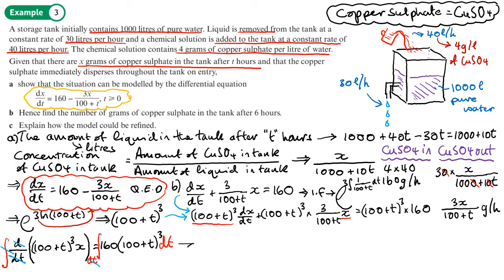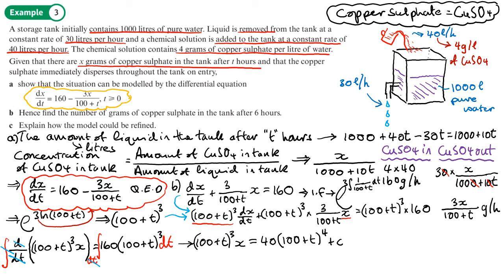So the left hand side is now just 100 plus t all cubed times x, and then the right hand side, when we integrate it, we can use the reverse chain rule: you add 1 to the power and divide by the new power, so this will become power 4, dividing by this differentiated, well that's just 1, so we'll end up with 4t, bracket 100 plus t, power 4. So we'll just write that down: 4t(100 plus t) to the power 4, then plus c. Now c is what we now need to work out.